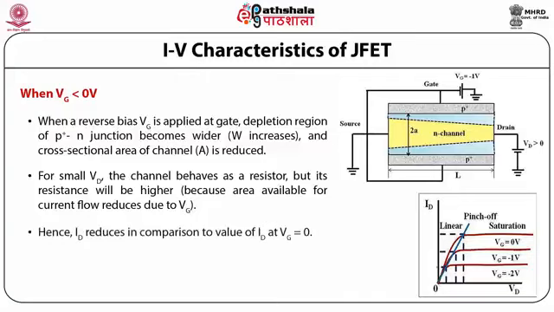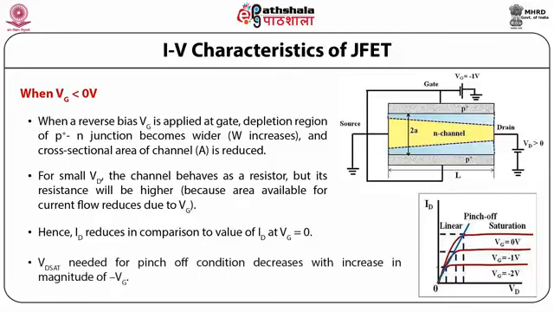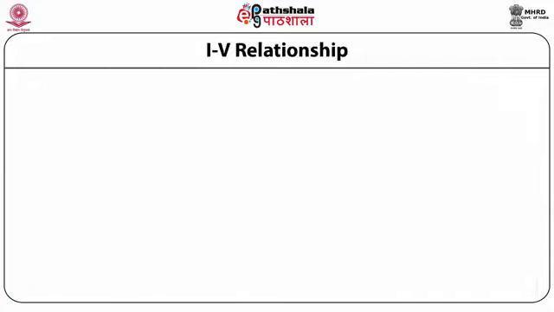Hence, ID reduces in comparison to the value of ID at VG equal to 0. So VD saturation needed for the pinch-off condition decreases with increase in the magnitude of minus VG, which is shown in this figure. Let us now discuss the IV relationship.